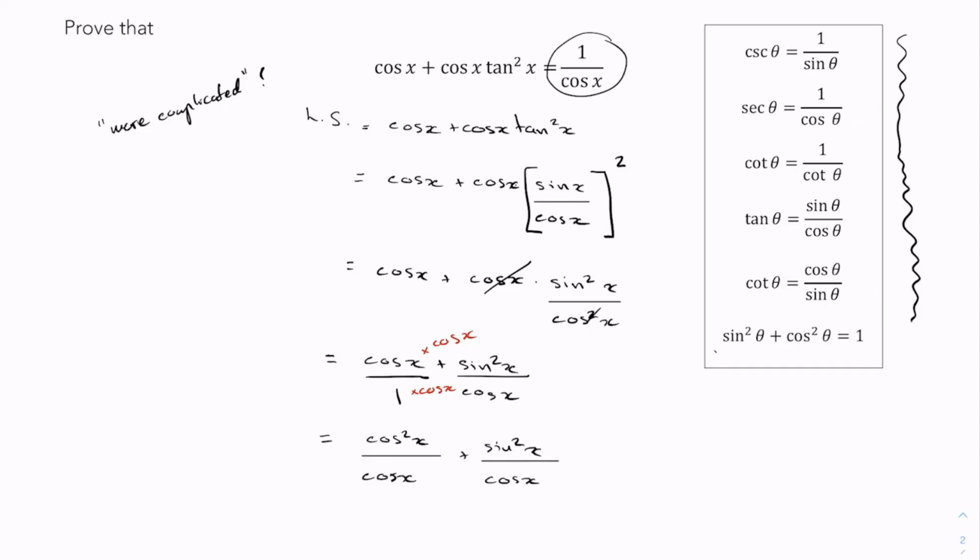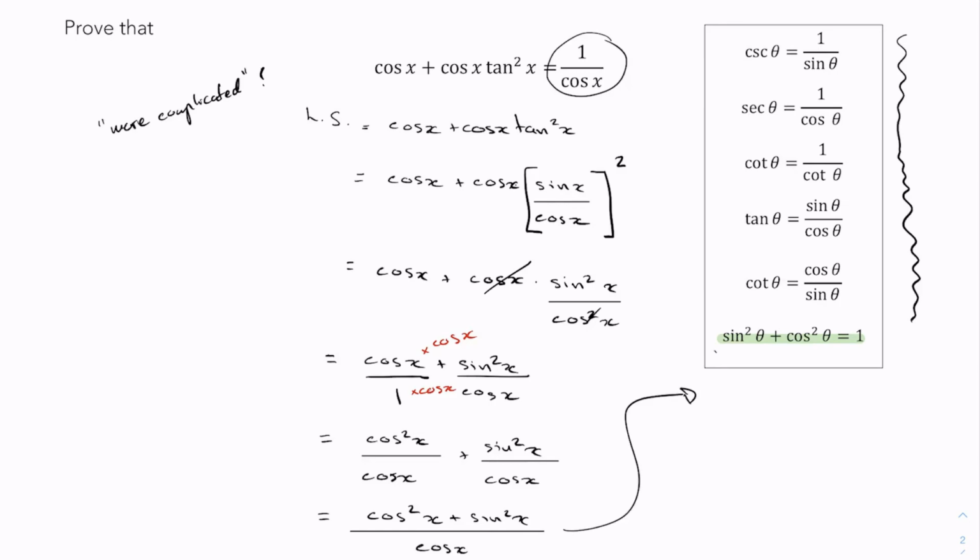And now I can bring them together to give me cos squared x plus sine squared x all over cos x. And I think you can see where this is going, because if you look over to the table here, that Pythagorean identity is going to come in handy.